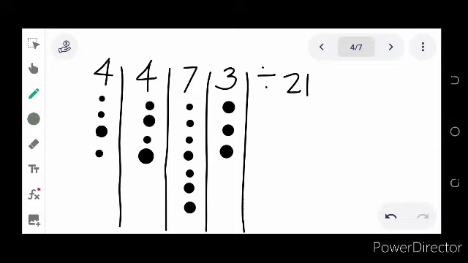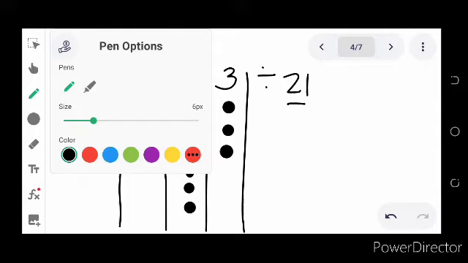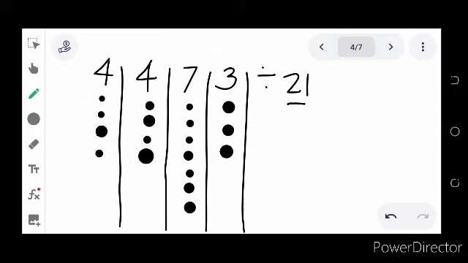Then the pattern is 21. So you have two dots from the left, connect them to 1 dot from the right.